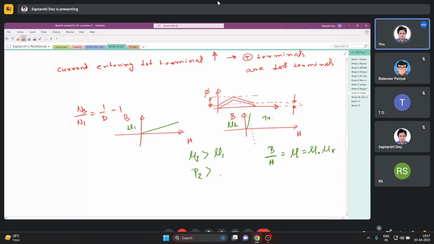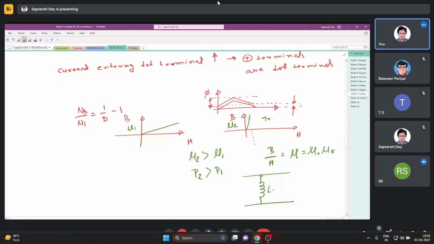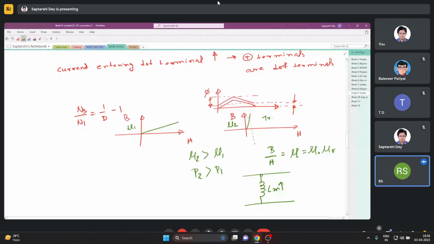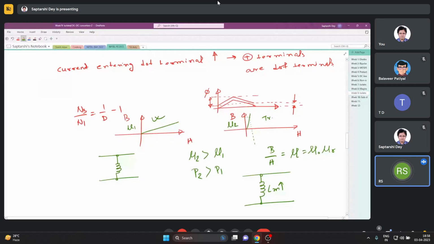Permeance larger means this Lm is large, so Lm large means you are approaching an ideal transformer. Whereas this one is for an inductor. This kind of material I will want for flyback, where I can store more energy.